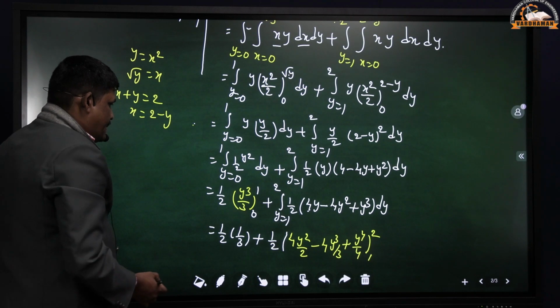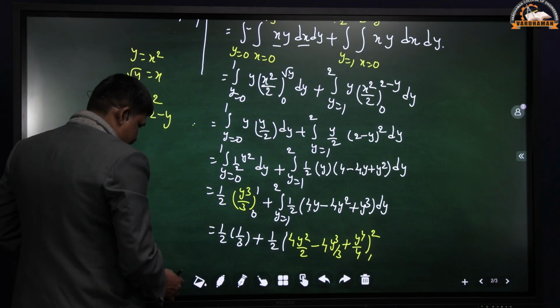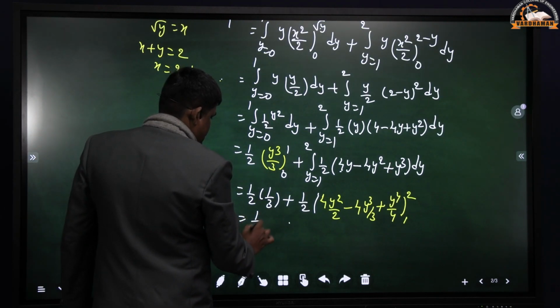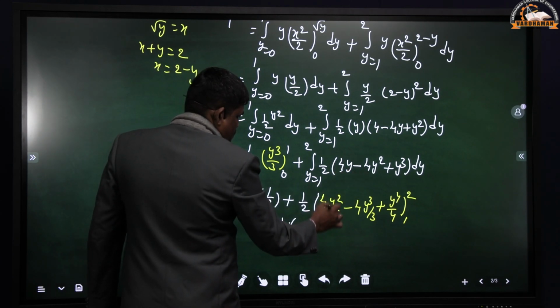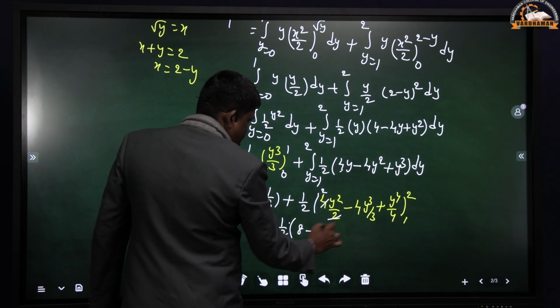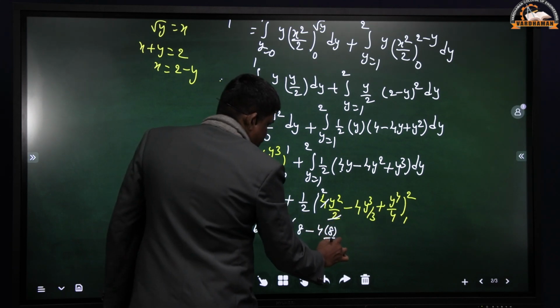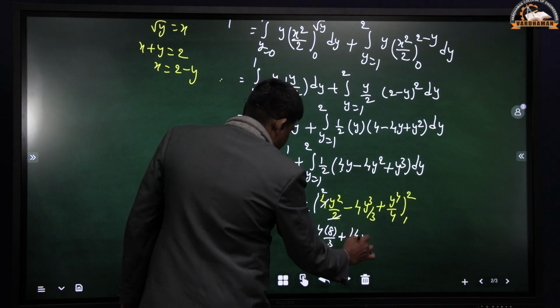Then by substituting upper and lower limits, you are going to get 1 by 6 plus 1 by 2 into, what is the upper limit, 2. So this 2 cancels and one more 2 is there: 2 into 2 square 4, so it is 8, minus 4 into 2 cubed is 8 by 3, plus 2 power 4, 16 by 4, that is the upper limit.